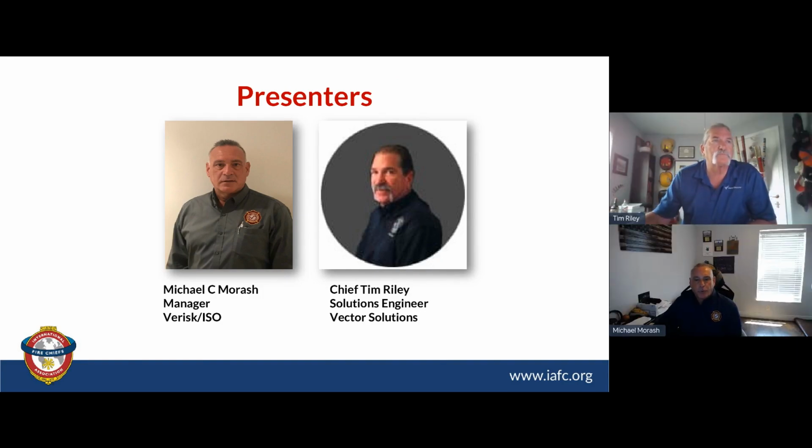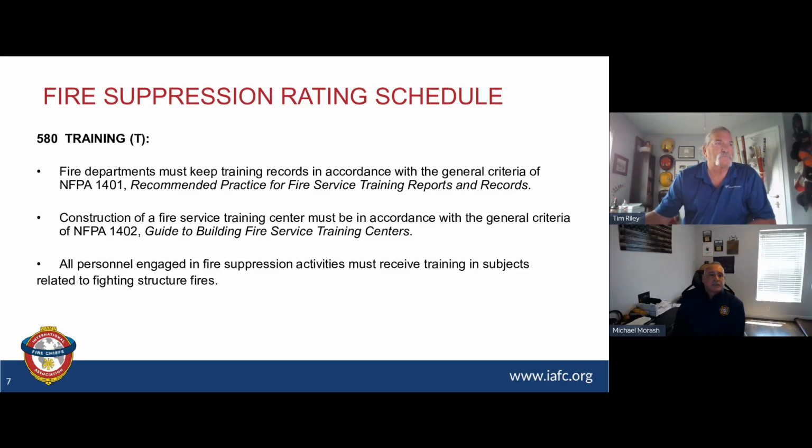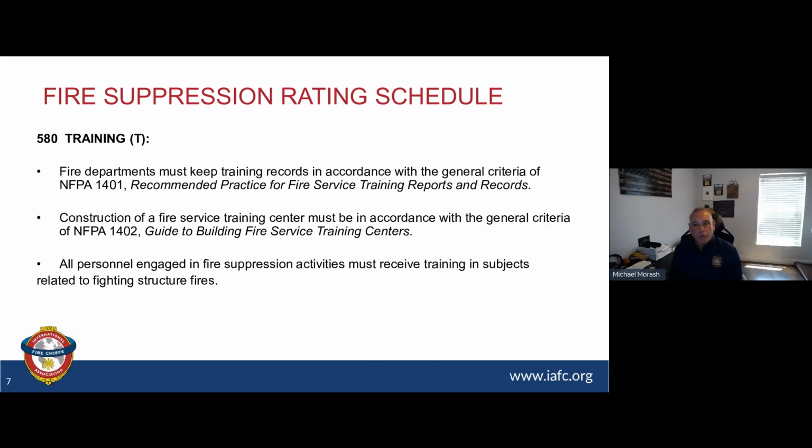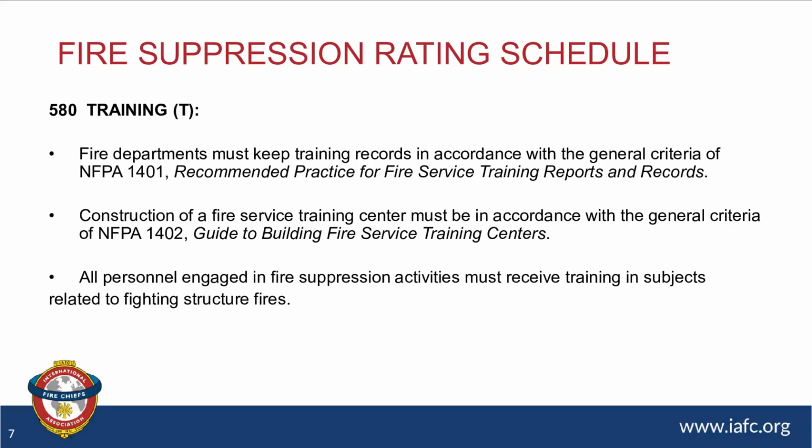So as we go through today's session, we're going to be discussing how to document and get the most out of your training when it comes to the sections within ISO. When it comes to the ISO training, we're looking at the FSRS, which is your Fire Suppression Rating Schedule.